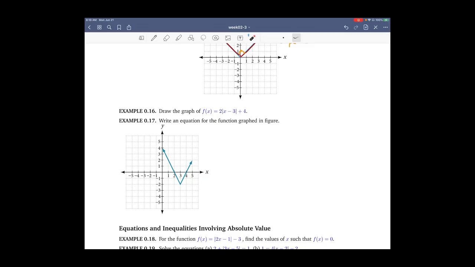If you're not familiar with transformations of graphs, we can solve this problem from scratch.